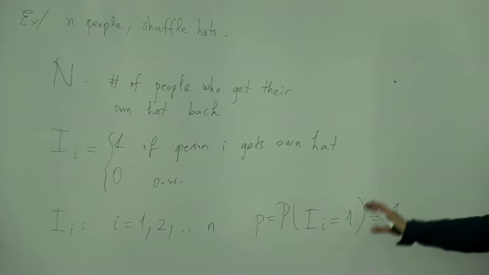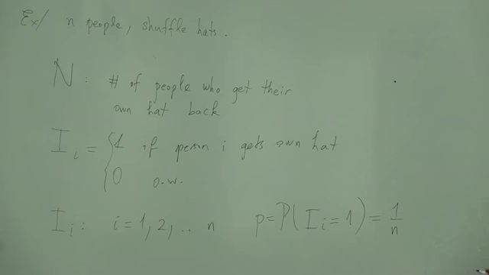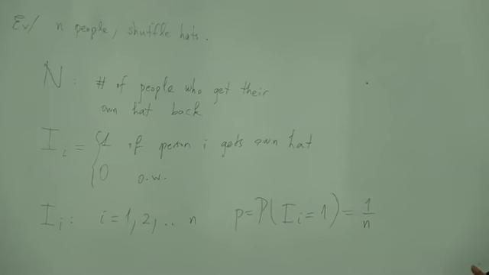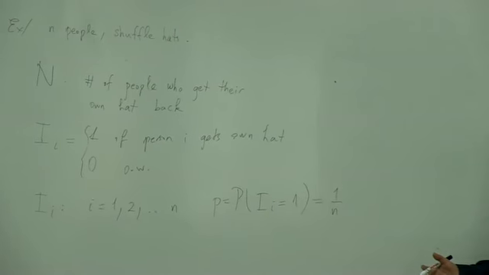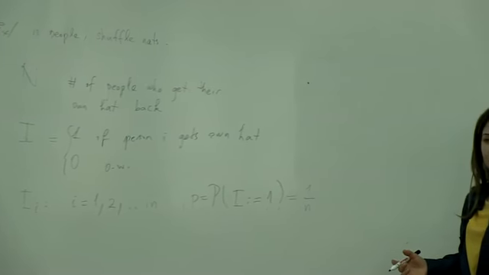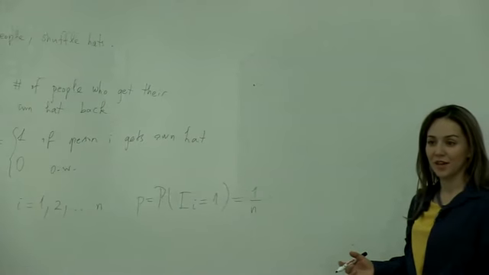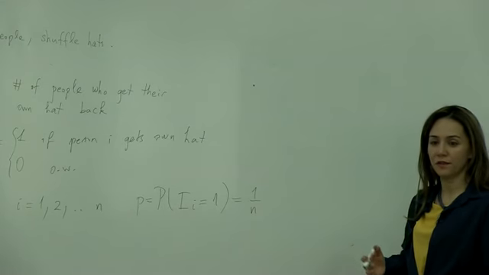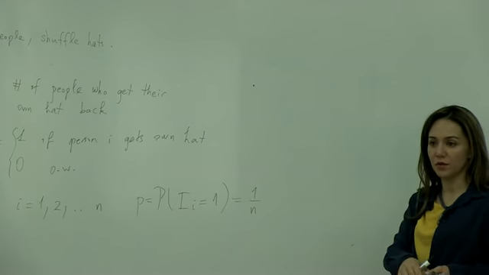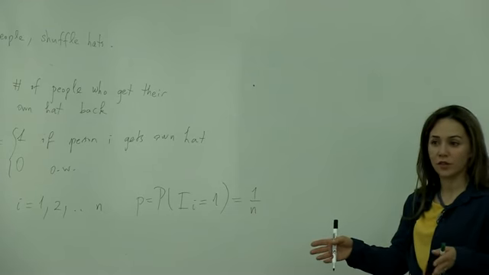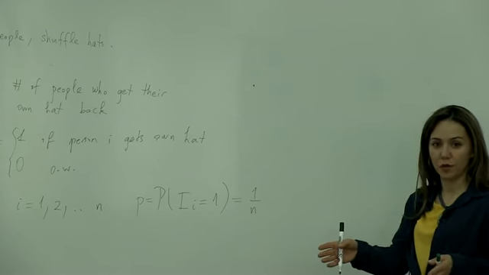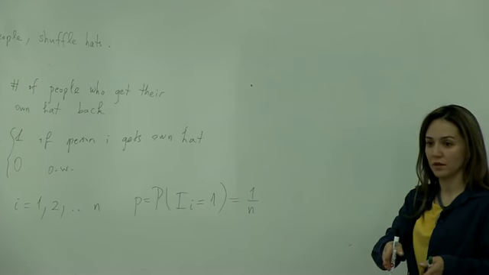Now, are the I sub i's independent of each other? They are not. Why not? Because if person 1 gets their own hat back, now there are n minus 1 choices left for the second person.